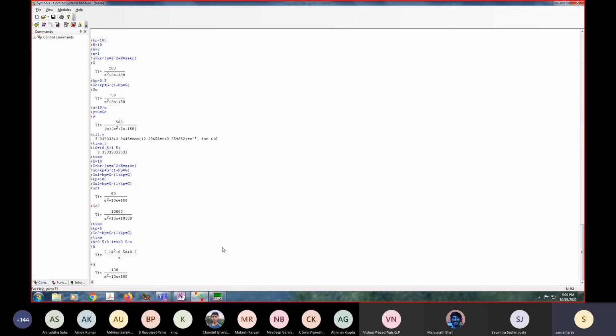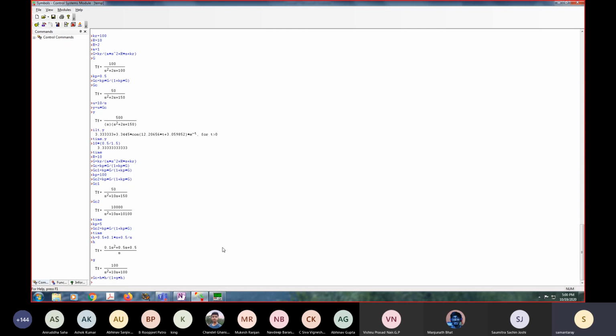So I create my feedback system Y. First, closed loop control. Closed loop is G*H by 1 plus G*H. So this is my closed loop system. I am taking a unit step reference.